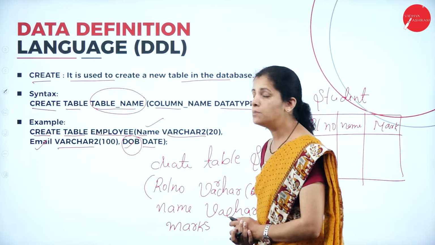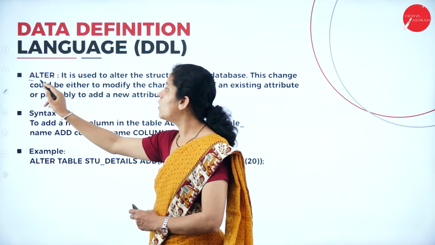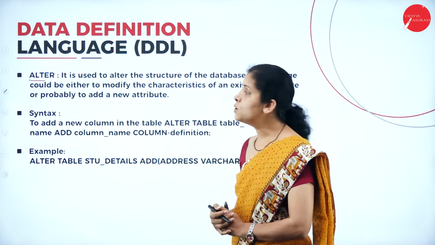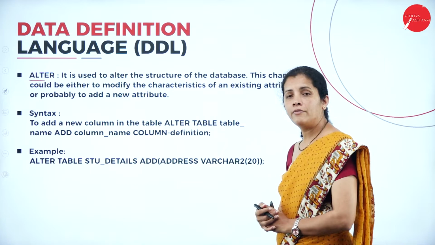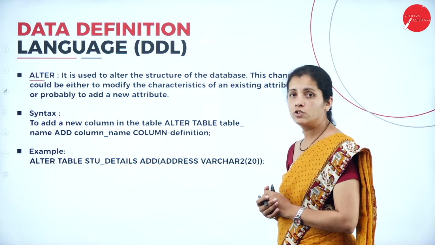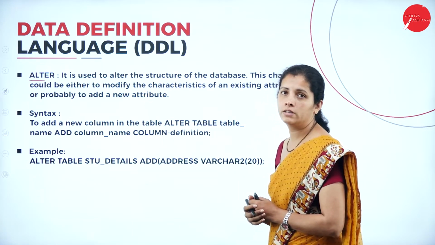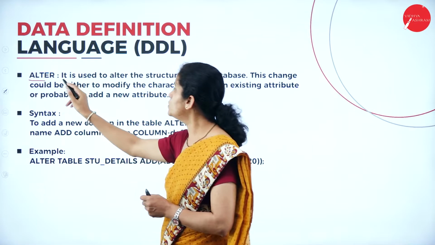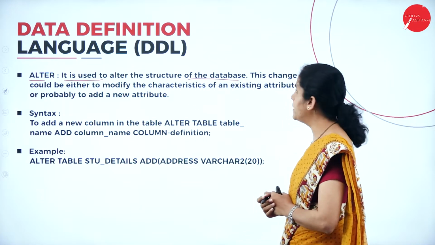So dear student, moving further, my second command here is alter. So what is alter? Suppose I want to modify or alter the structure of the table, then I'm going to use alter. It is used to alter the structure of the database.